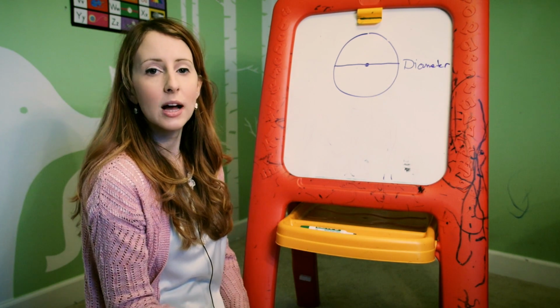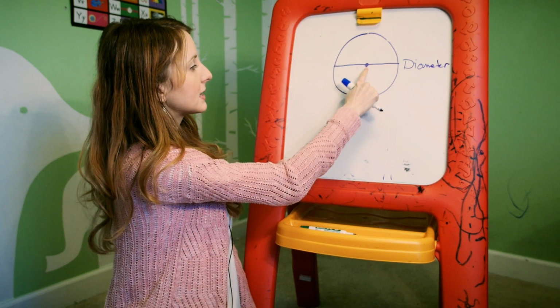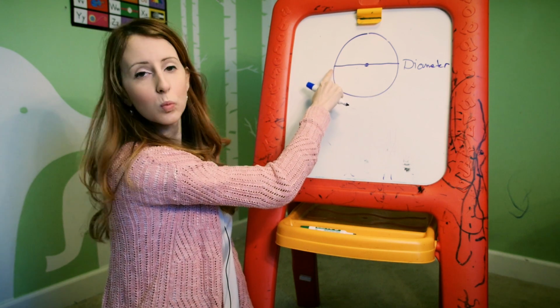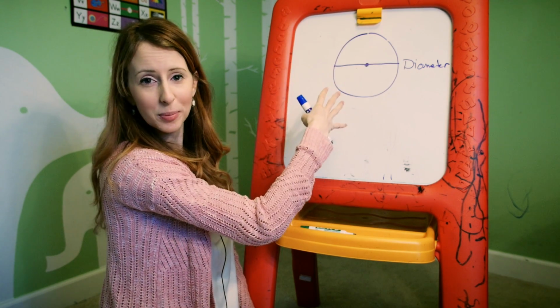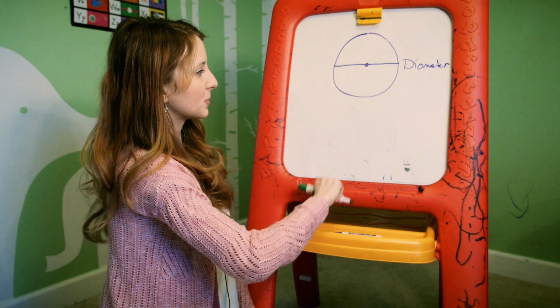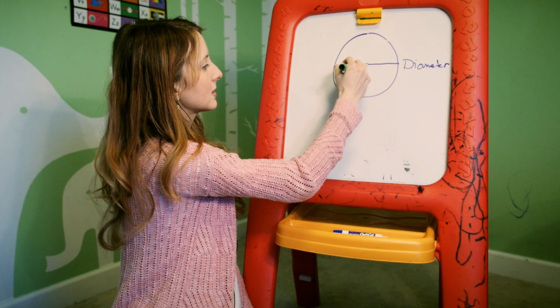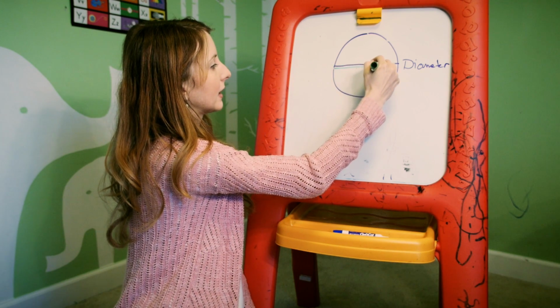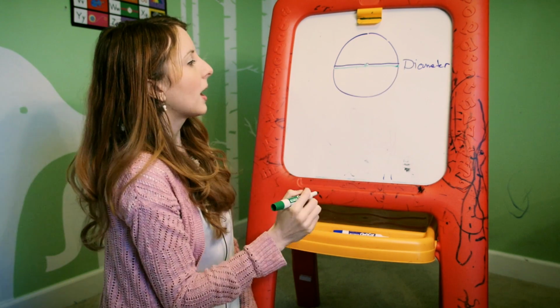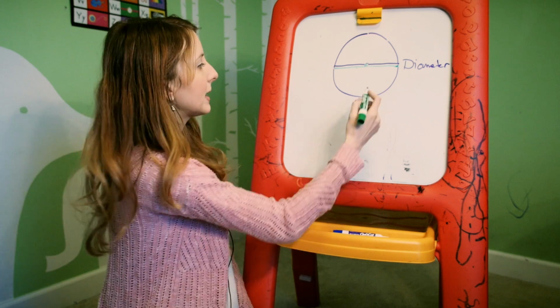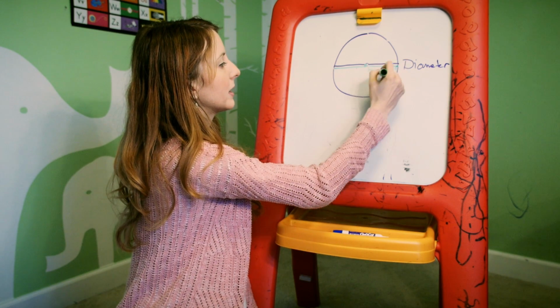And if you take just the length from center to one particular place on the circle, on this particular diameter, obviously I could draw one like this or one like this, that length is called the radius. So from here to here is the radius.